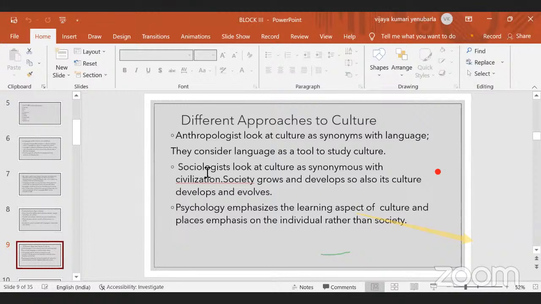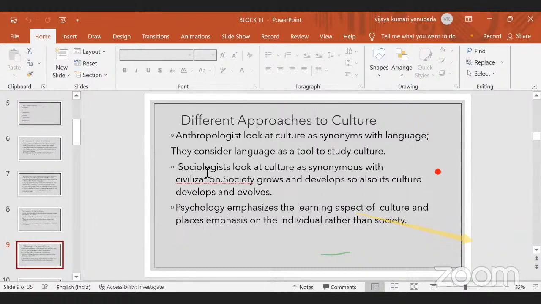And sociologists look at culture as synonymous with civilization. For these people, civilization is important: how well developed you are, what things you use for the propagation of society and human welfare. For example, take the plague.